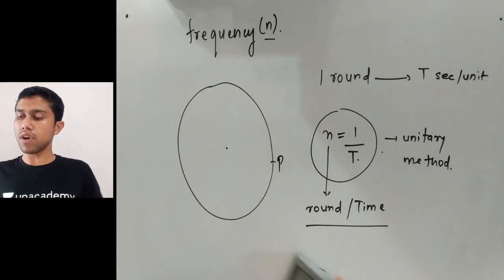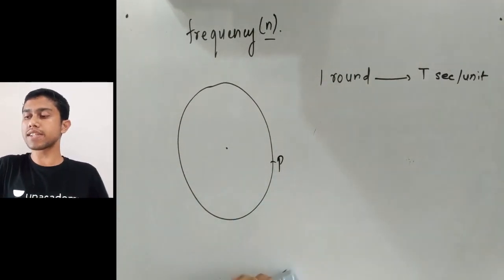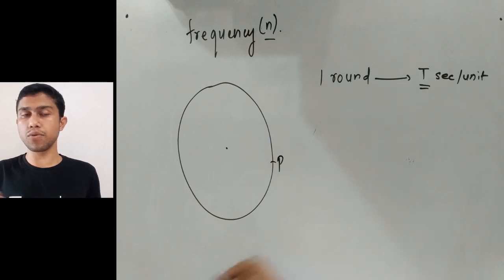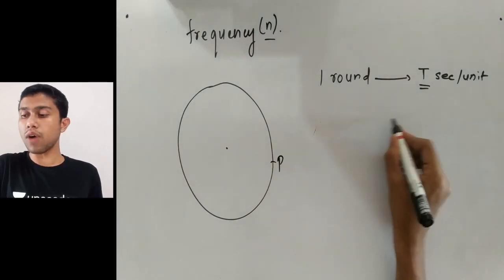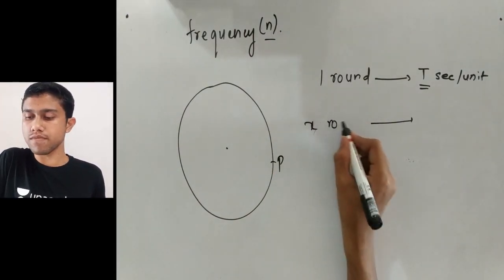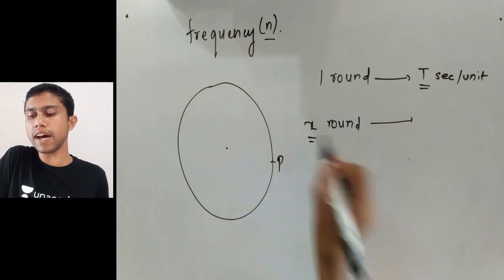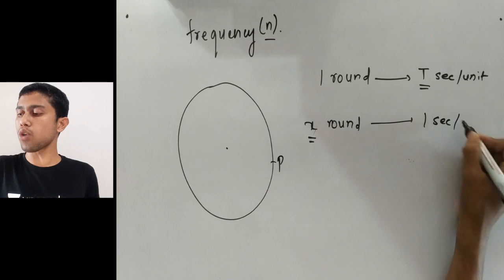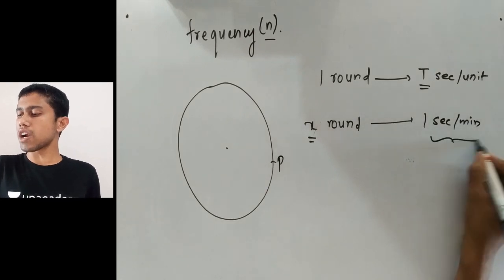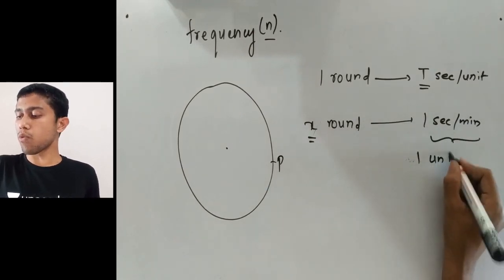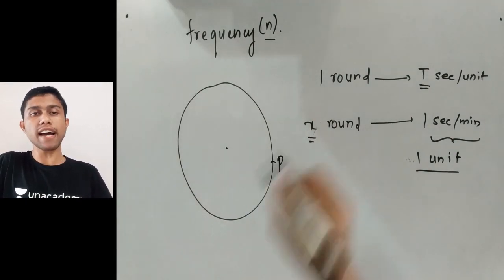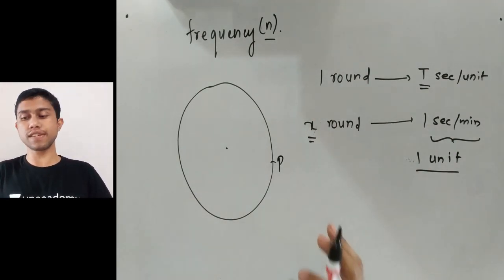Like I have told earlier that one round requires T unit of time to complete, or time is equal to time period to get completed. So I'll now ask what amount of round, which I'll denote by X, will be completed in a unit time, that is 1 second or 1 minute. Means in general I'm saying in 1 unit time what amount of round will be completed, and that I denoted by X. Now we'll find the value of this X.